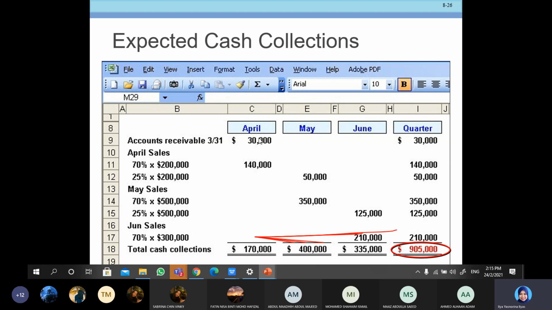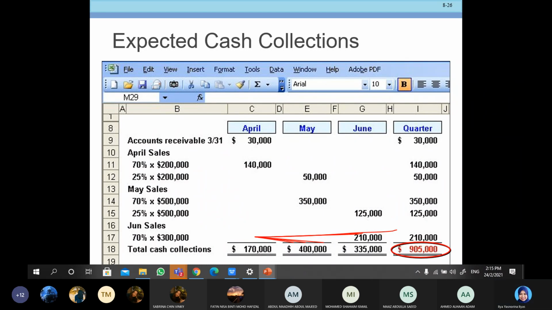So from here we can identify the cash collection for April, which is 170,000. In May, 400,000, and June, 335,000. So the total is 905,000 for the whole quarter. All this cash collection will be posted into the cash budget.